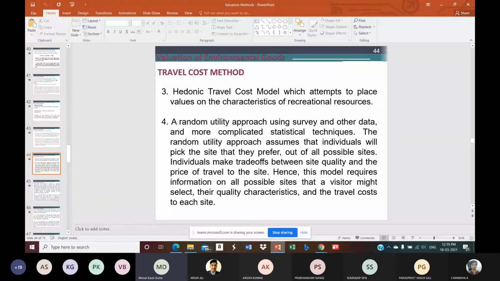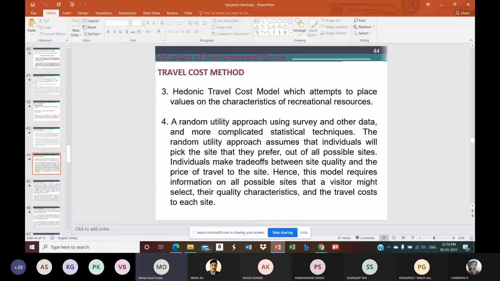Statistical tools or analysis procedures will be relatively more sophisticated. This approach assumes that individuals will pick the site that they prefer out of all possible sites. Individuals will have trade-offs between site quality and the price of travel to the site, definitely. If they want to go for a higher quality site, then obviously the price to be paid will be relatively high.